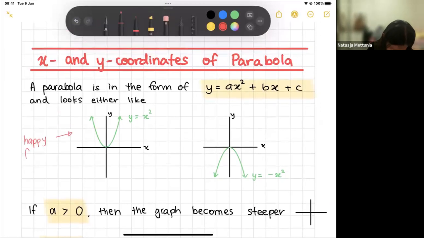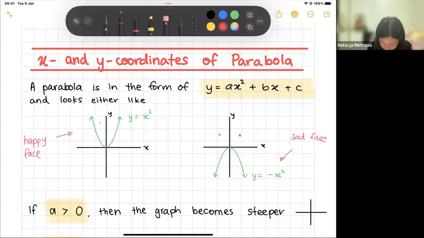That's how I normally remember it, because it kind of looks like a happy face if you put two dots there. Then for this one right here, y equals negative x squared, I normally call that the sad face, just so that I can remember. If I put two dots there, it looks like a sad face.